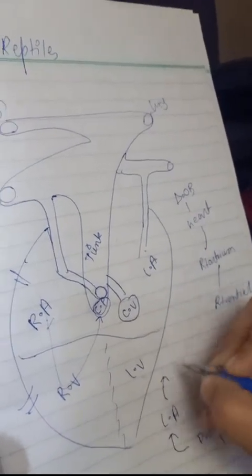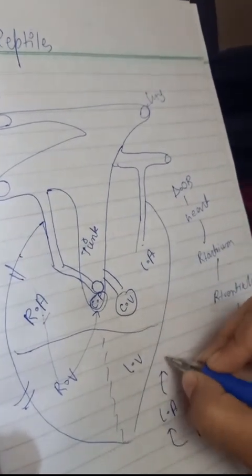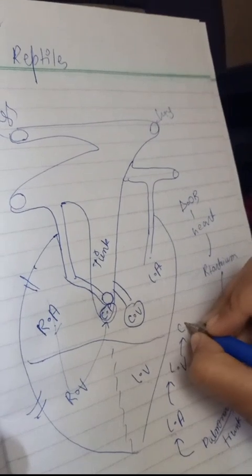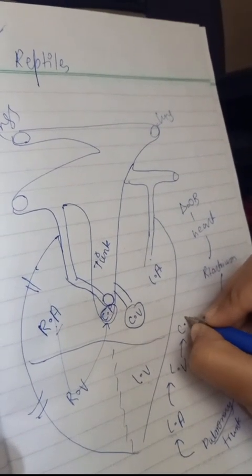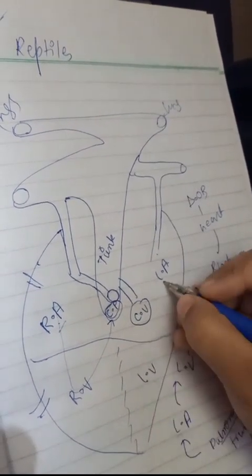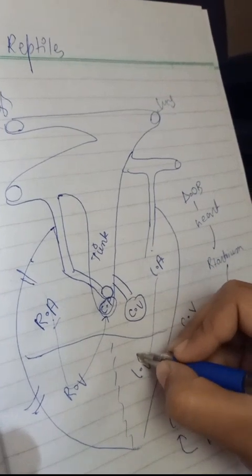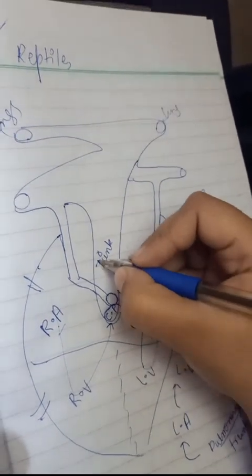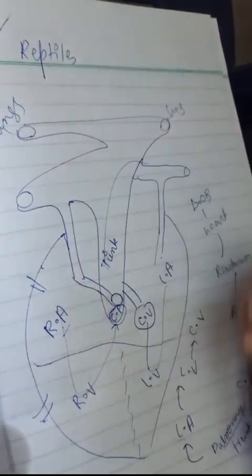Through the left atrium it moves towards the left ventricle, and then to the CV. So left atrium to left ventricle to the CV, the CV to the trunk, and the trunk to these arcs.